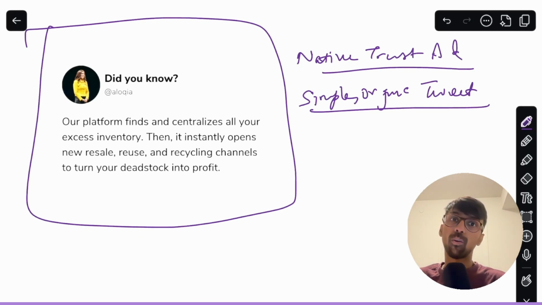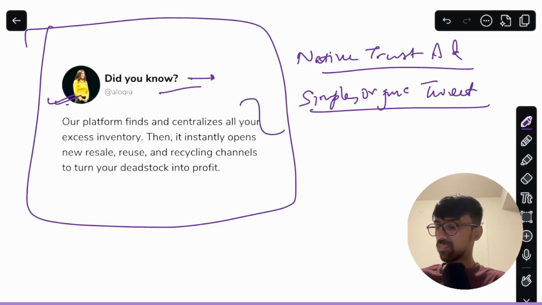Most people just scroll past ads, but if this doesn't look like an ad, they will definitely try to pause and read it. The hook is very simple. This picture is the founder of the company, and this is a simple hook just to make sure that you read the actual tweet, the post itself.